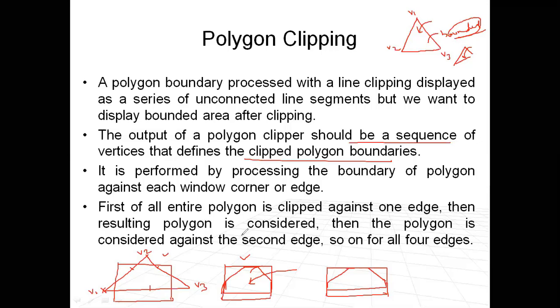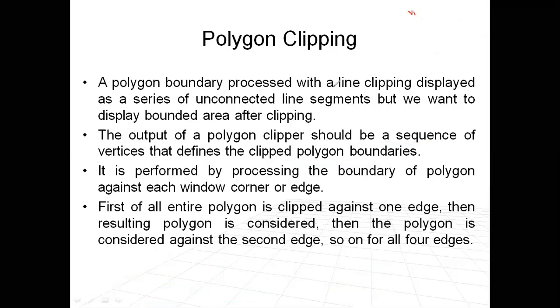It is performed by processing the boundary of the polygon against each window corner or edge. So if we have applied a polygon clipping algorithm, it will be performed across all edges of the window. It should go through each and every edge.